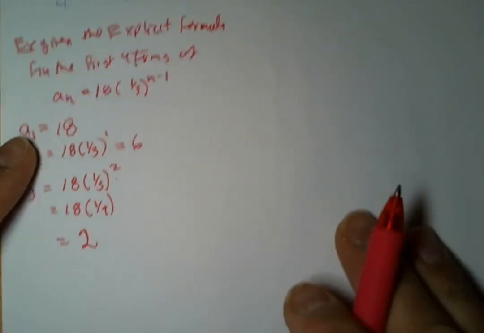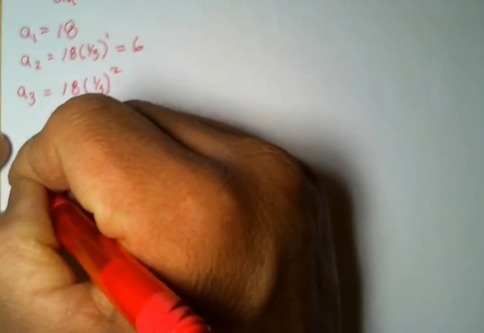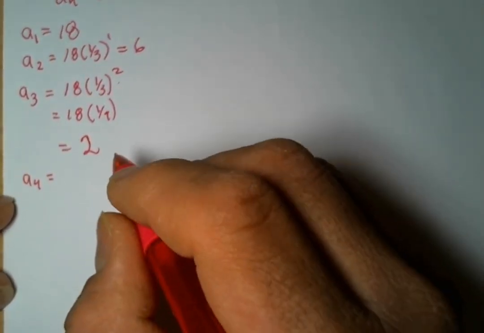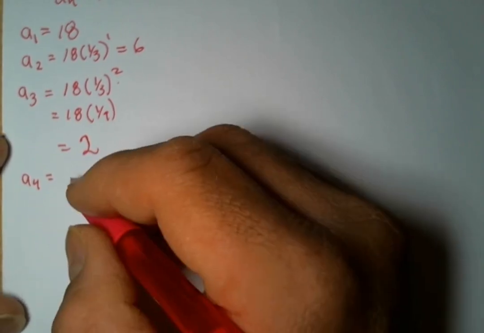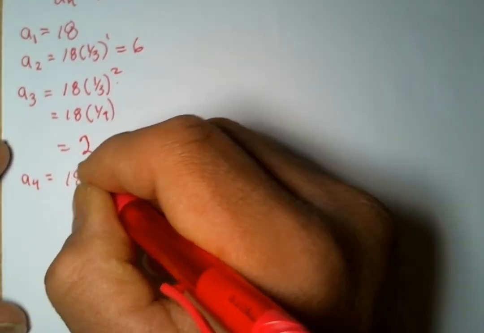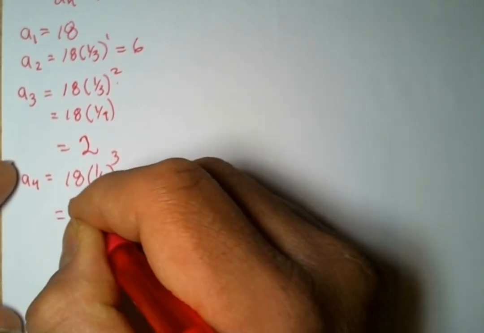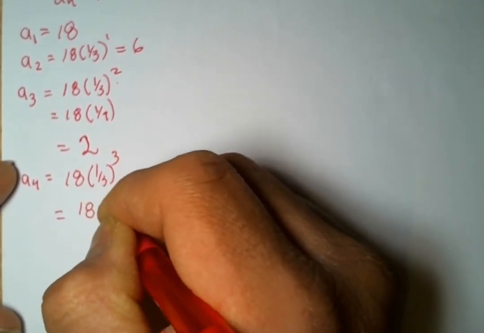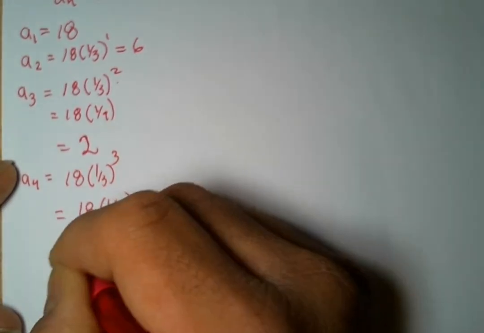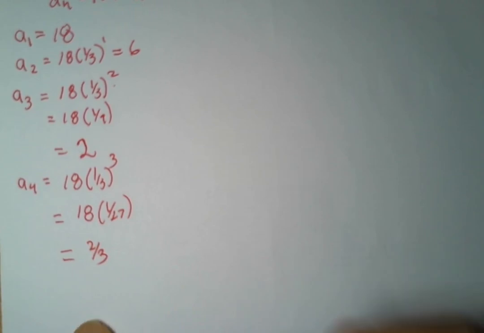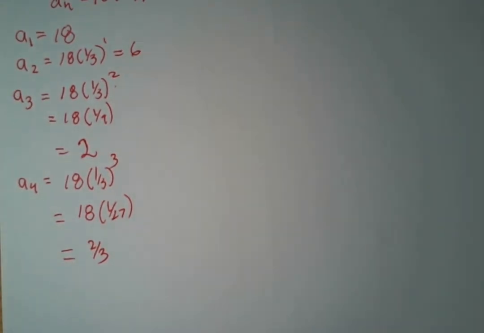And then our fourth term: 18 times 1/3 cubed. So this becomes 18 times 1 over 27. So we get 18 over 27, which reduces to 2/3. And that is how we can plug in to find the terms of the sequence.